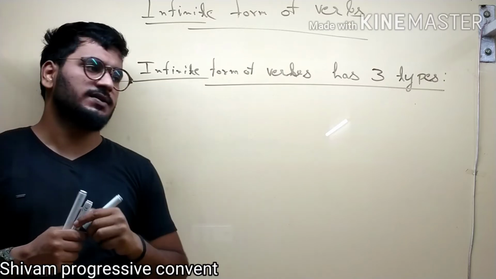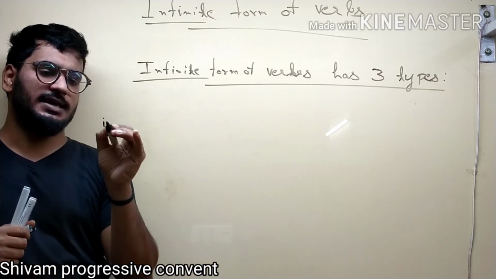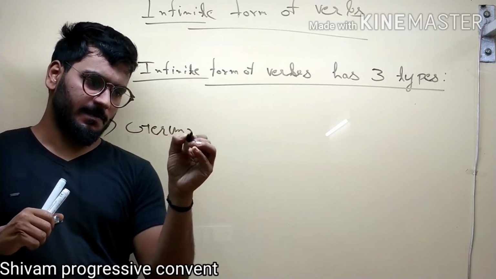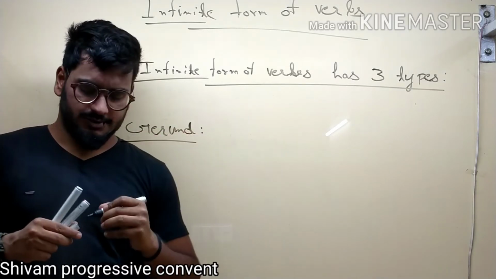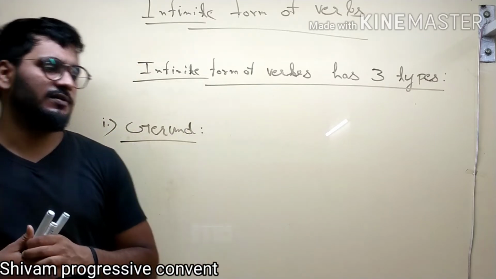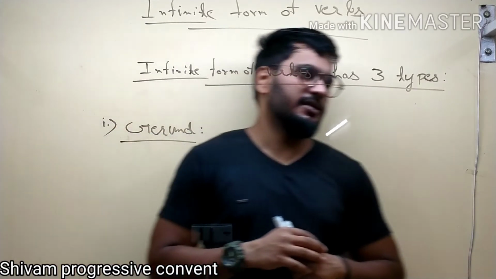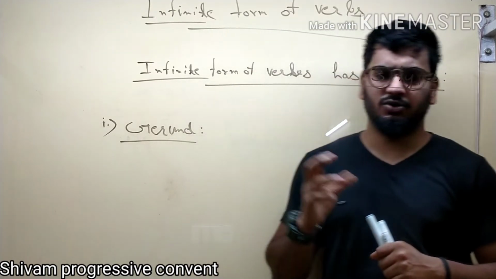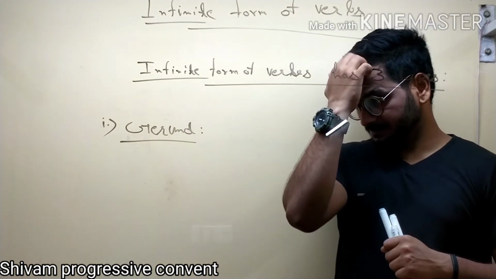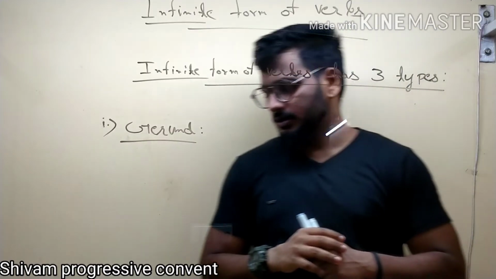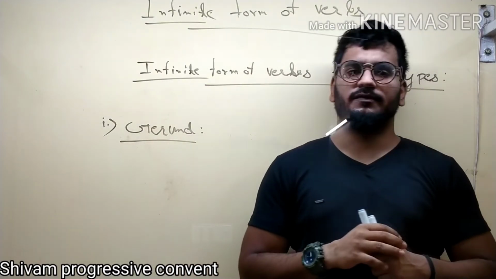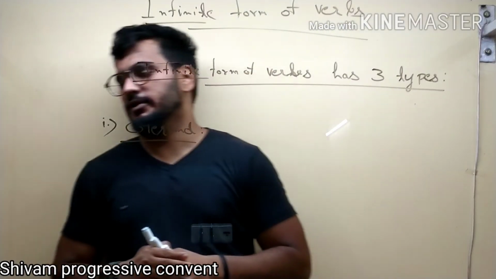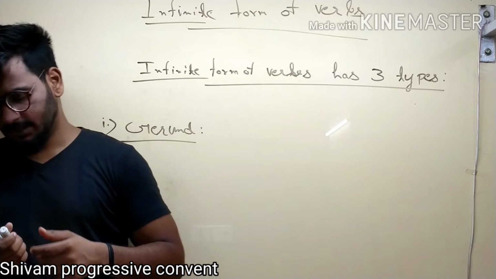I will discuss it one by one. The first type which we know is gerund. First of all, I will make clear what is gerund, and then I will give an example of how to convert a normal verb into a gerund form. You can convert a normal verb into gerund form very easily.